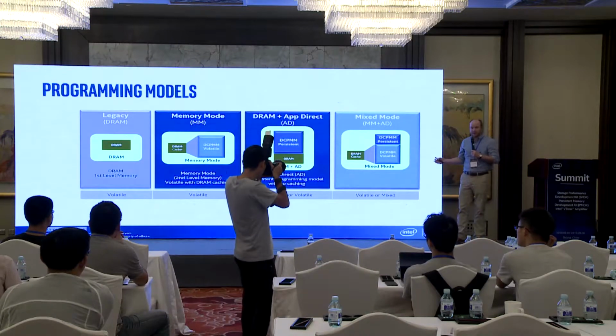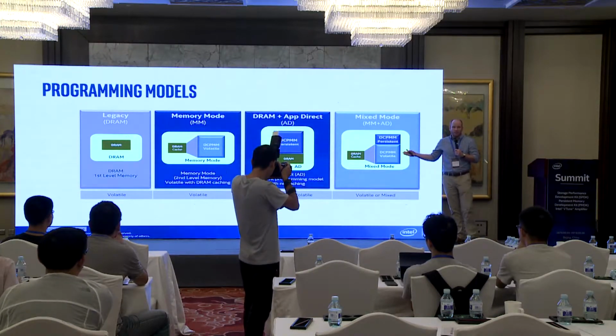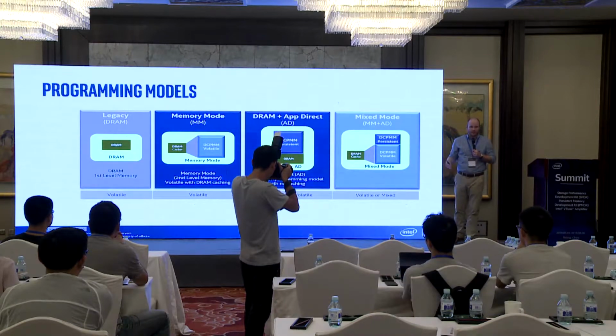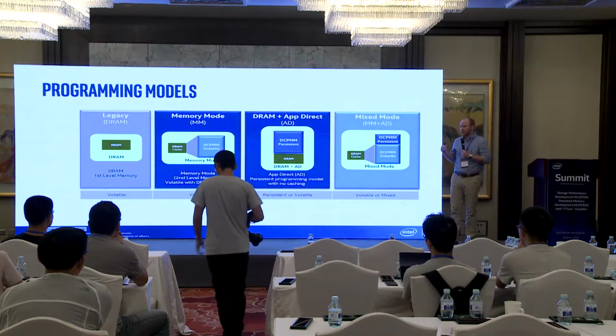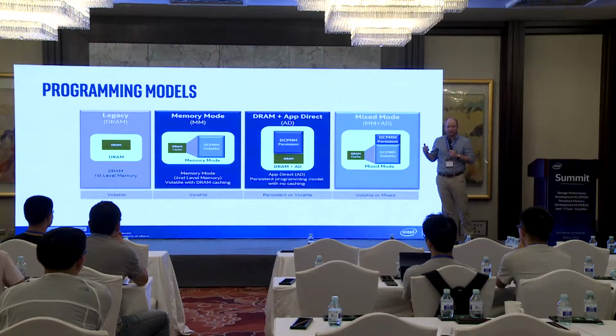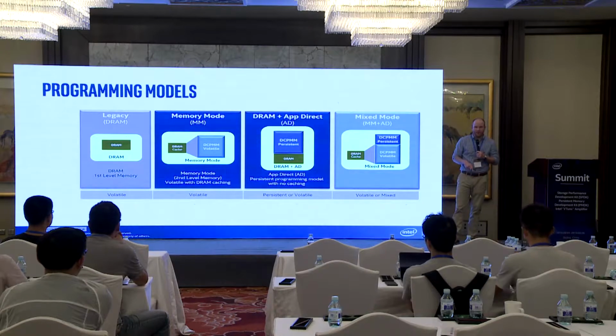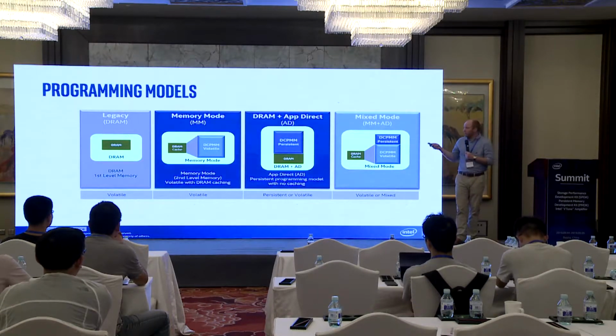And the benefit here is that this new memory is much larger than DRAM. Particularly from a cost perspective, the cost per gigabyte is much lower. So you can have much more system memory on a platform with this new technology than you could before at the same price. Memory mode is completely transparent to the programmer.